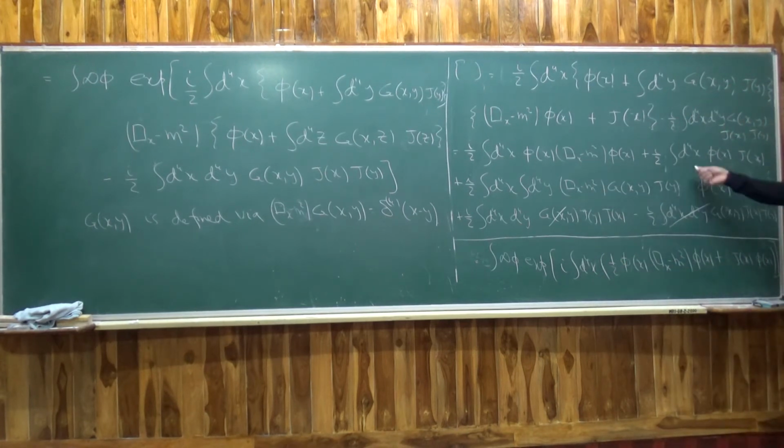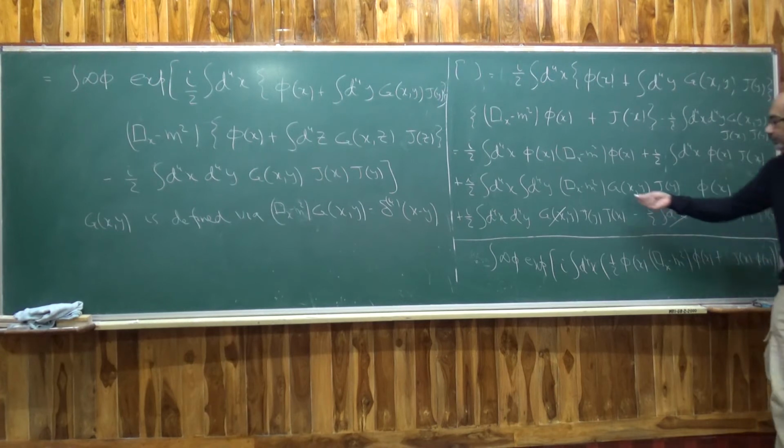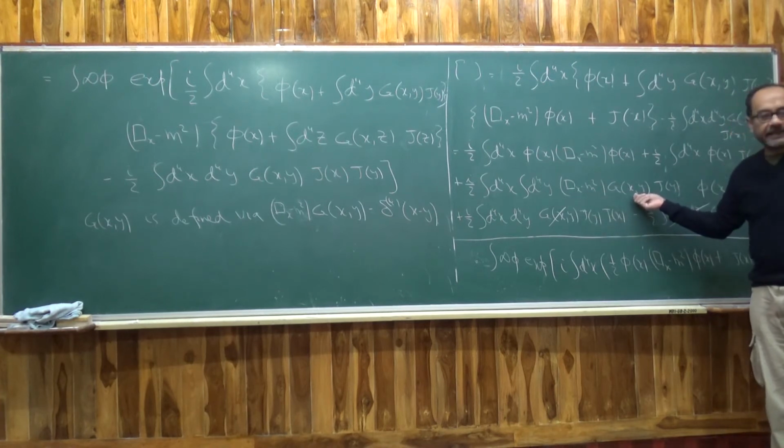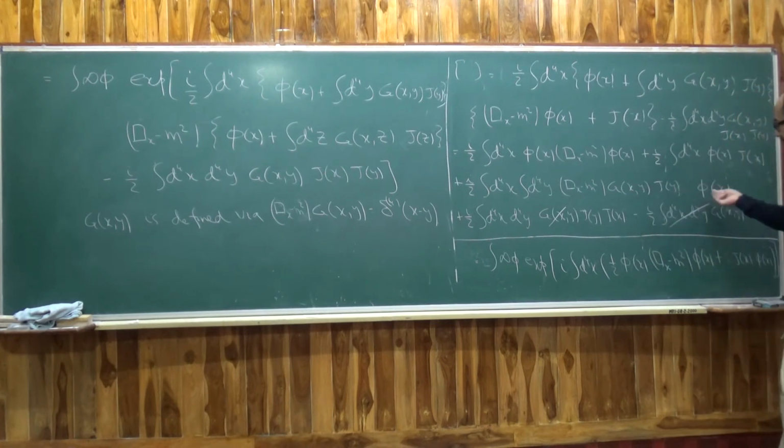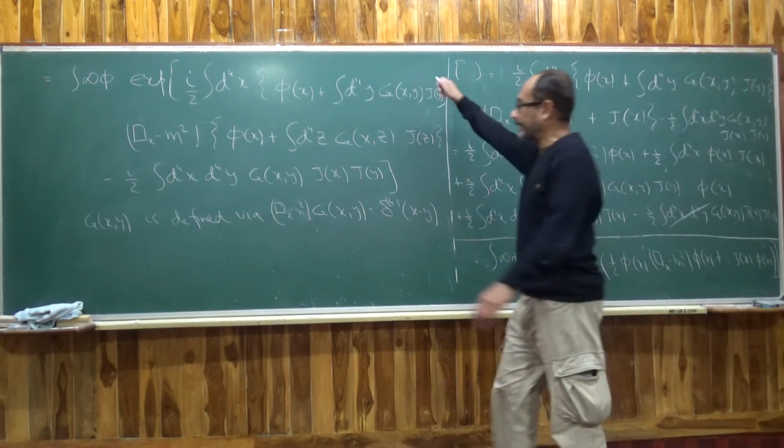Here there is no half, so there is an I by 2 here. So I by 2 integral d4x phi x dx. That's half of this term. This one, box x minus m square gxy again is delta 4 of x minus y. So that converts this jy into jx. Again I by 2 jx phi x. So these two together give you I times integral jx phi x, that's this term. So this shows that this one is the same as what I have written here.